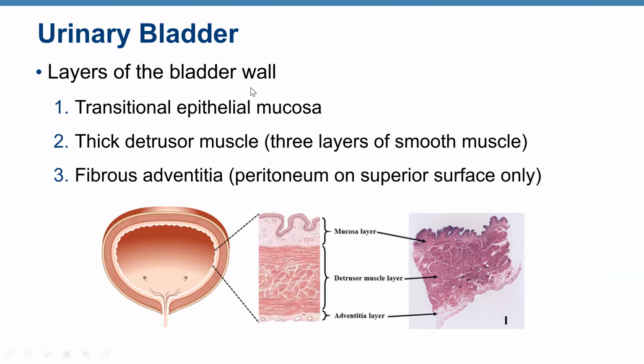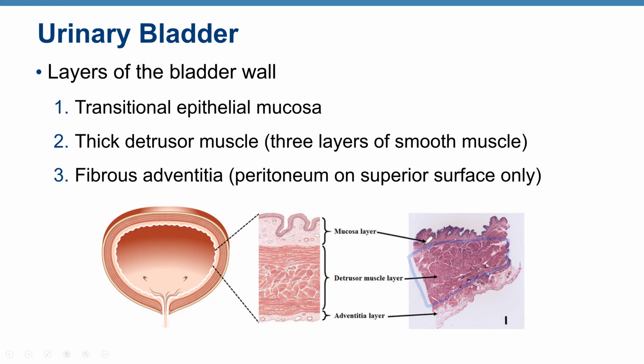Layers of the bladder. We're going to look from deep to superficial. Inside we have epithelial tissue, a transitional epithelial mucosa. Then we have a thick layer of muscle called the detrusor muscle, made of three layers of smooth muscle. So over here, that's the muscular part.